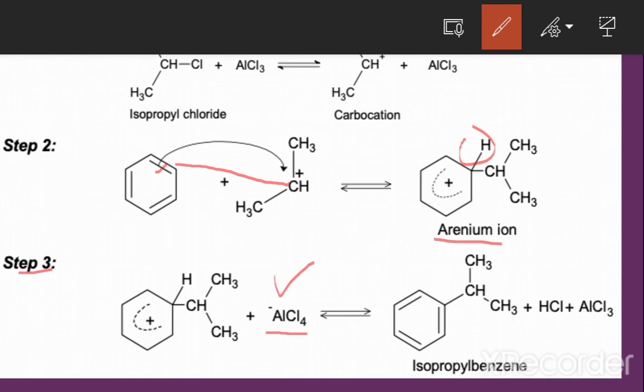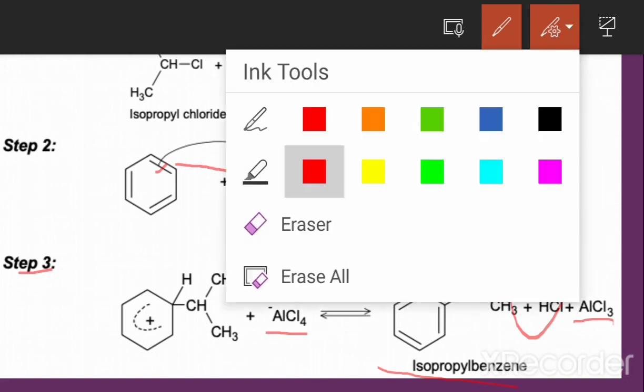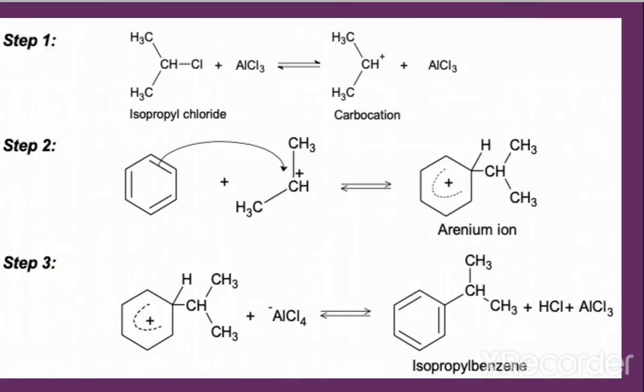So in this reaction we will have our final product, isopropyl benzene, and a byproduct that is hydrochloric acid, and the catalyst regains its original form. So this is all about Friedel-Crafts acylation and alkylation.